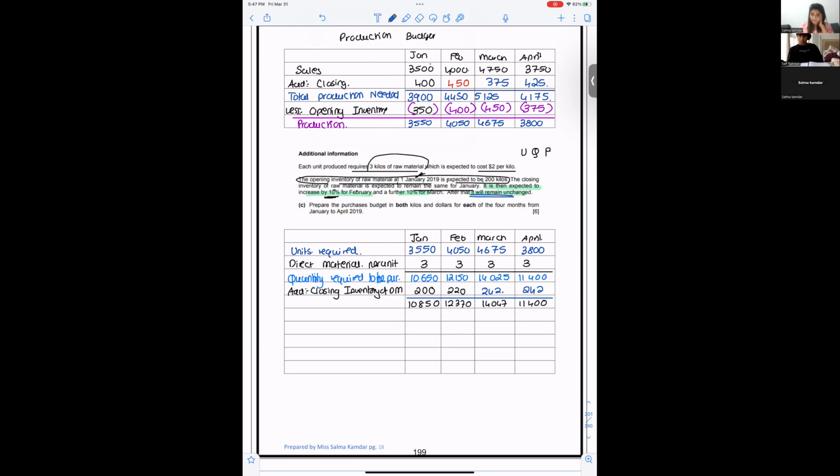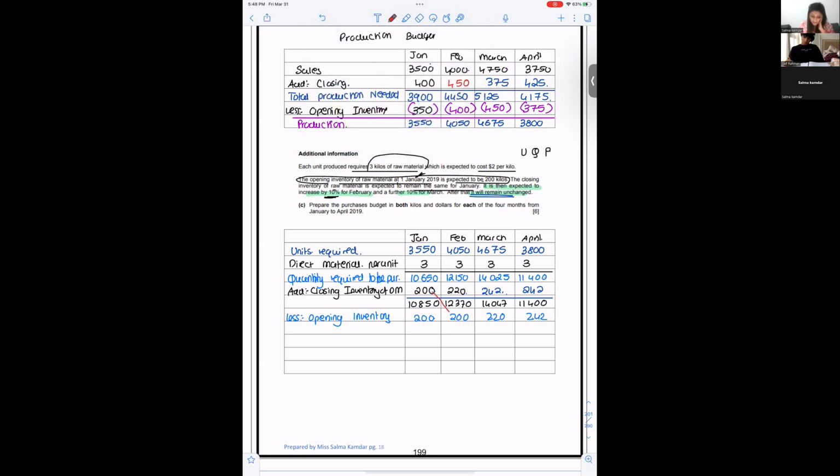Then what will you do? Then we will minus opening. Opening inventory for January is how much? 200. Closing of Jan will become opening of February. Closing of Feb will become opening of March. And closing of March will become opening of April.